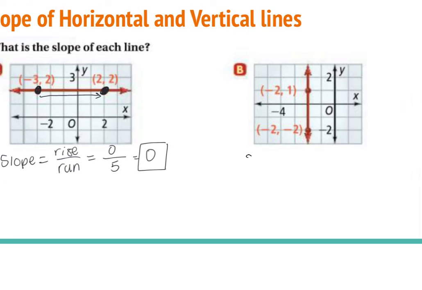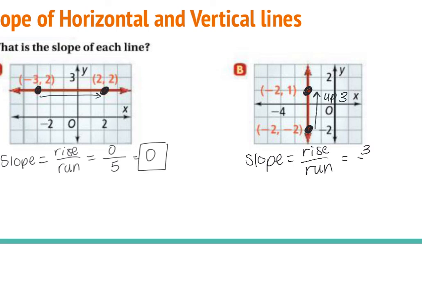B. So remember, our slope is what? Rise over run. How much do we rise here if we want to go from this point to this point? Up 3. Good.